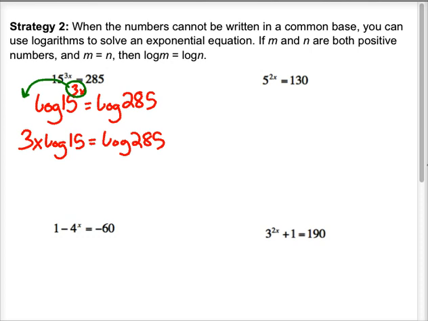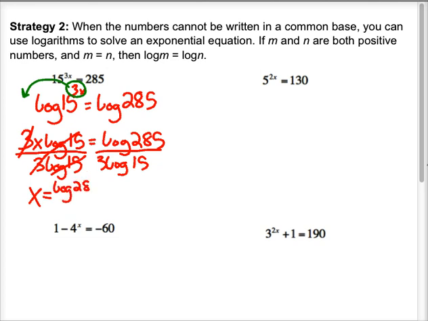So what that means is if I take both sides and I divide off the 3 and the log base 15, that gives me x completely by itself. So x is going to be log of 285 divided by 3 log base 15.